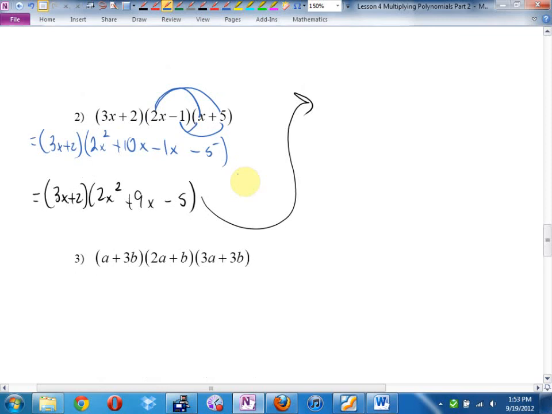So, on your own, try multiplying 3x plus 2 times 2x squared plus 9x minus 5. Let's see if we end up in the same spot. I'm going to be brave.